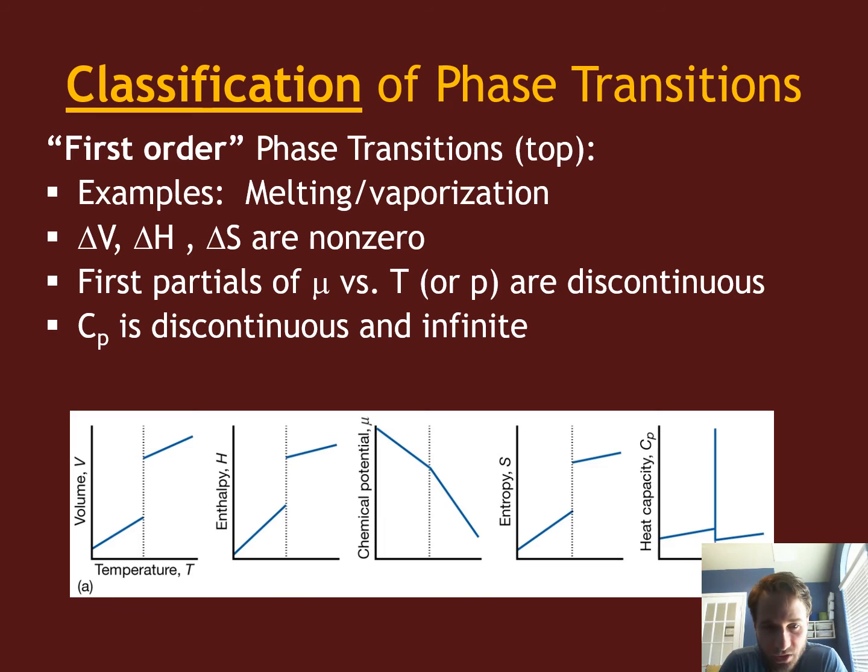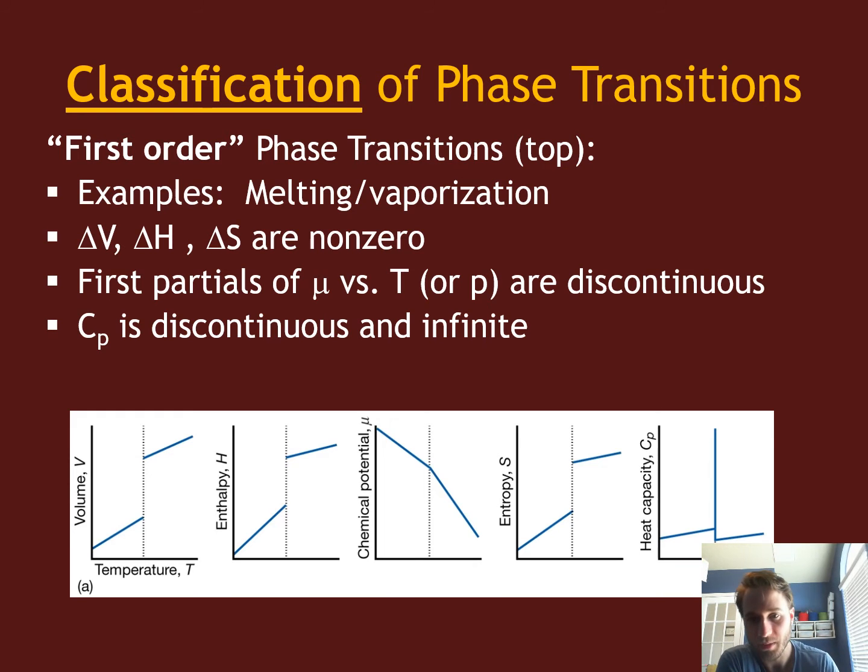In these changes, the molar volume, enthalpy, and entropy all change. But some of the things that you can notice is that the derivative of the chemical potential with respect to temperature or pressure is discontinuous.